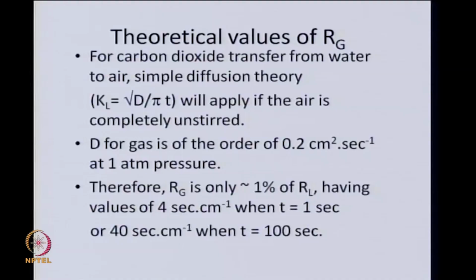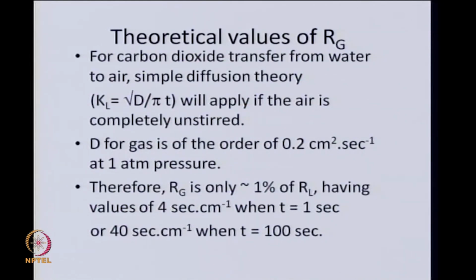Now, let us look at the theoretical values of Rg. We could take an example like absorption of carbon dioxide in water. We could use the diffusion theory, which gives you the mass transfer coefficient as equal to the square root of D by pi t if the air is completely unstirred.